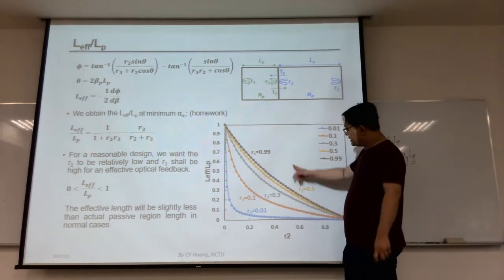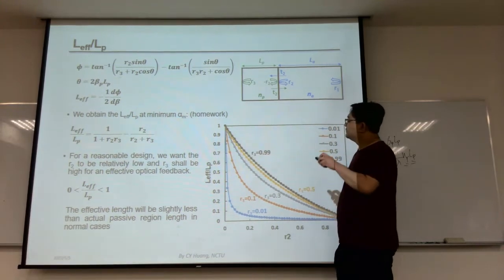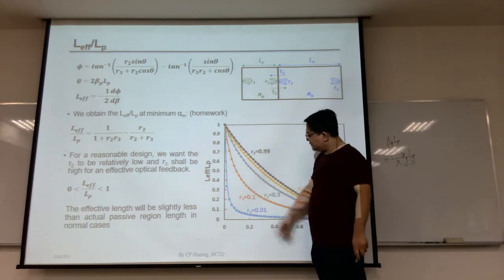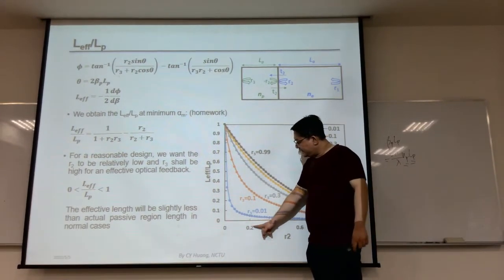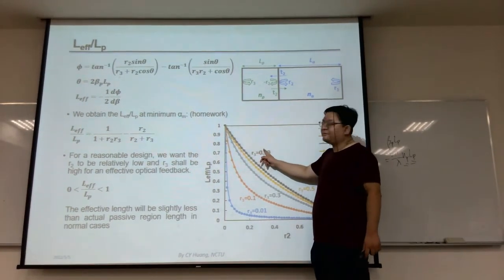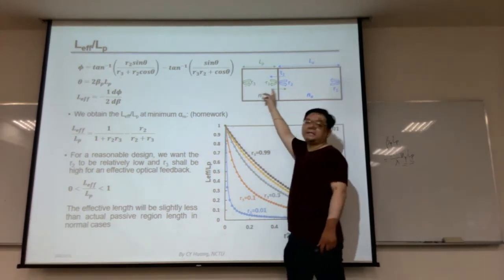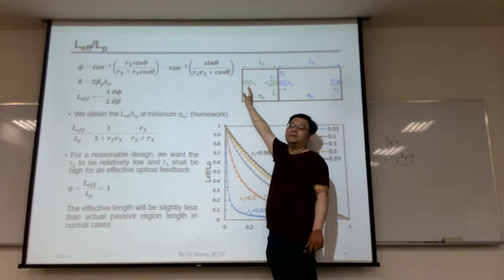The first case, if R3 is really high. Let's keep the same R2 first. If R2 is the same, higher R3 means more light reflecting from the final end.